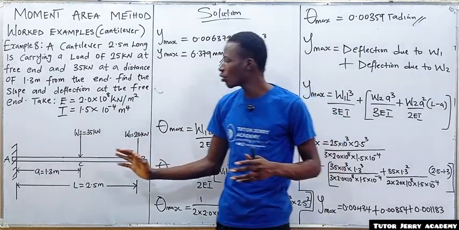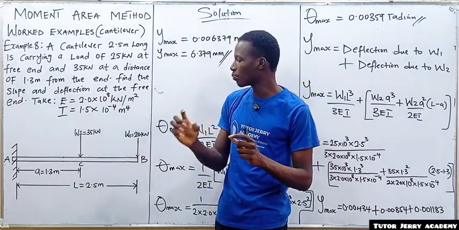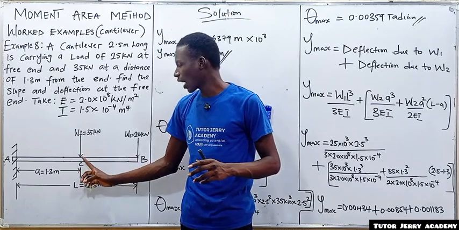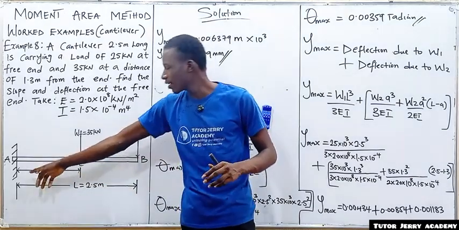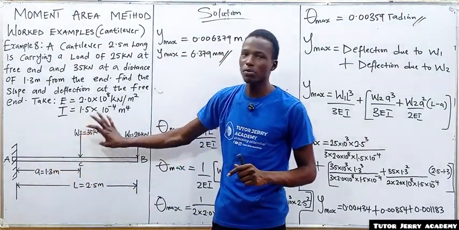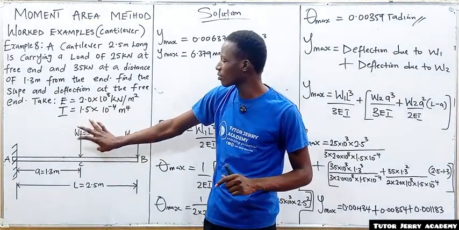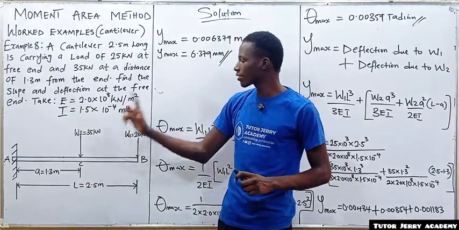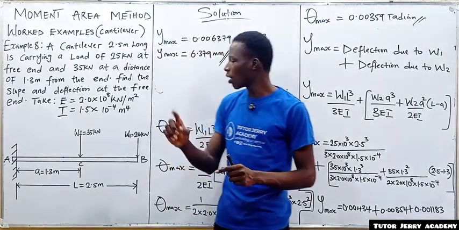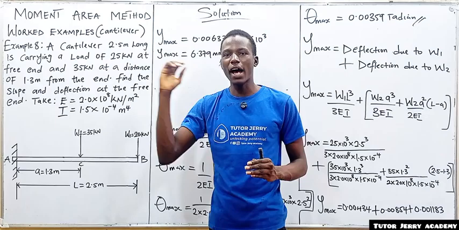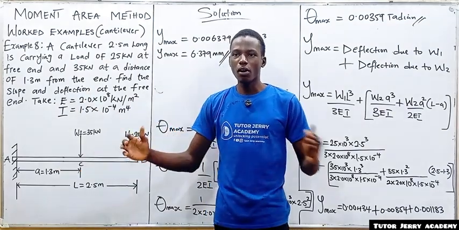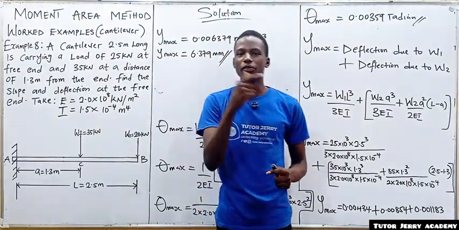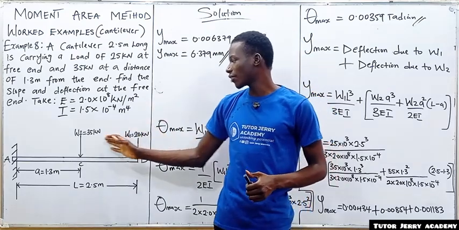You need to know the maximum slope and maximum deflection when we have a cantilever with a point load at a distance a from the fixed end, and also when we have a cantilever with a point load at the free end.